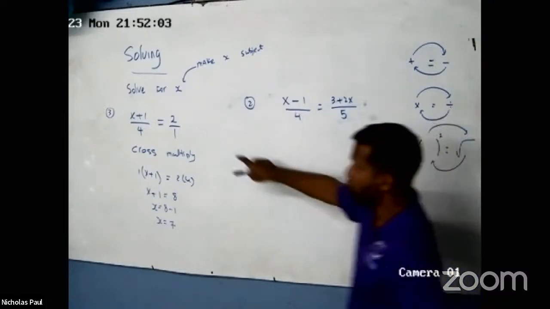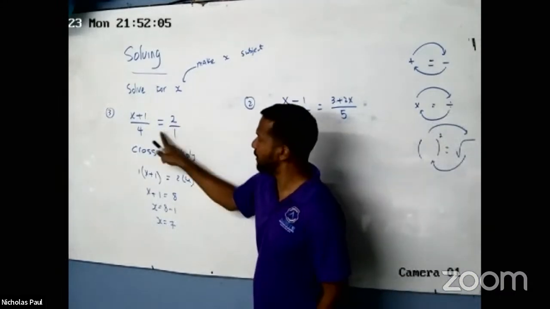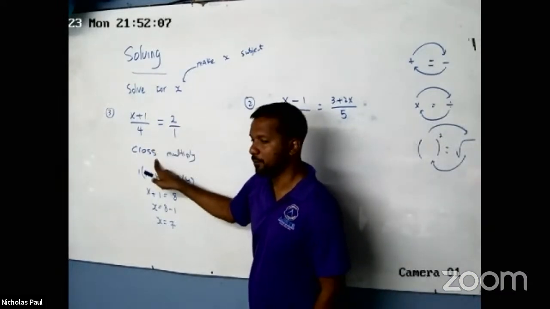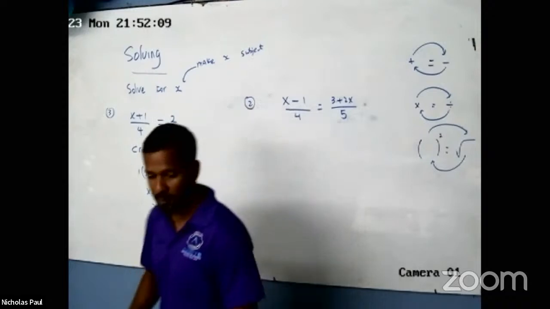Write down the rule, two fractions separated by an equal sign, cross multiply, right? Write it down in words so you remember it.